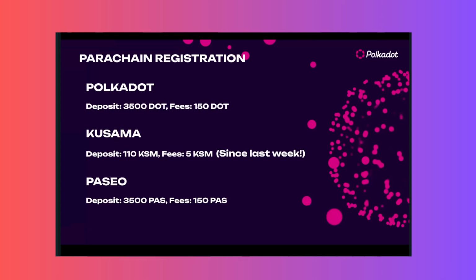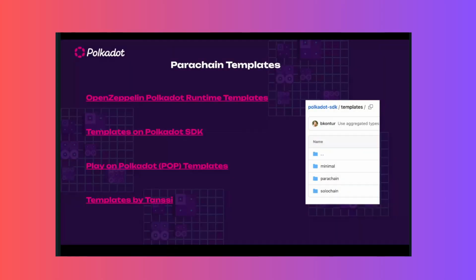The whole Polkadot network state has to have your parachain code stored, and that comes with a cost. So probably this is one of the entry barriers if you want to launch your parachain, but we're trying to lower these deposits so that you'll be able to launch an app chain, if you want to, in a much more seamless manner. Yeah, there are plenty of templates to get started from.